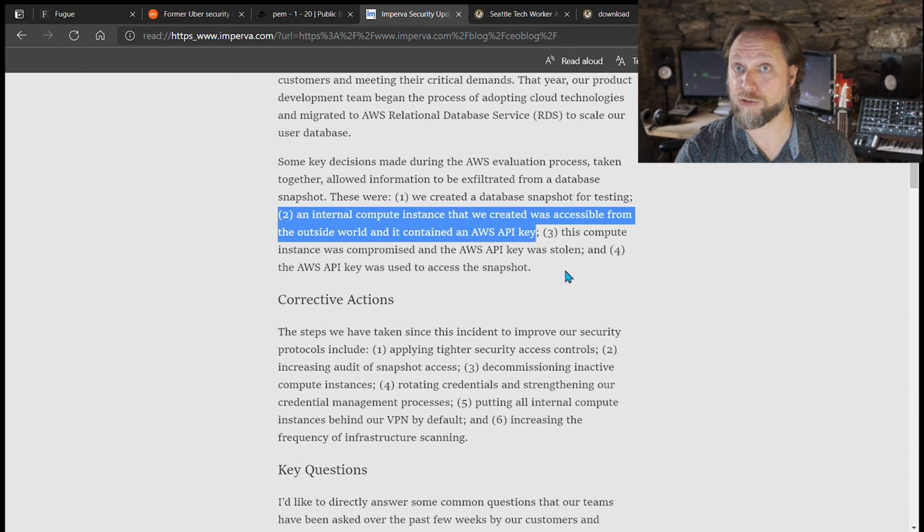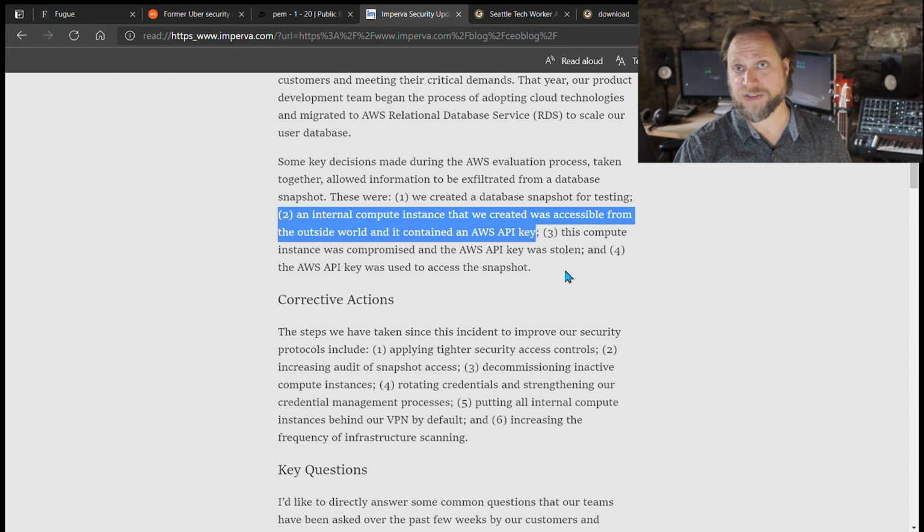I would recommend that you never do this. Anything that you're maintaining the operating system on is actually significant risk. So what we choose to do at Fugue is use services like Lambda as much as possible, keep everything behind gateways, keep everything behind layers of protection when you're talking about getting to compute.